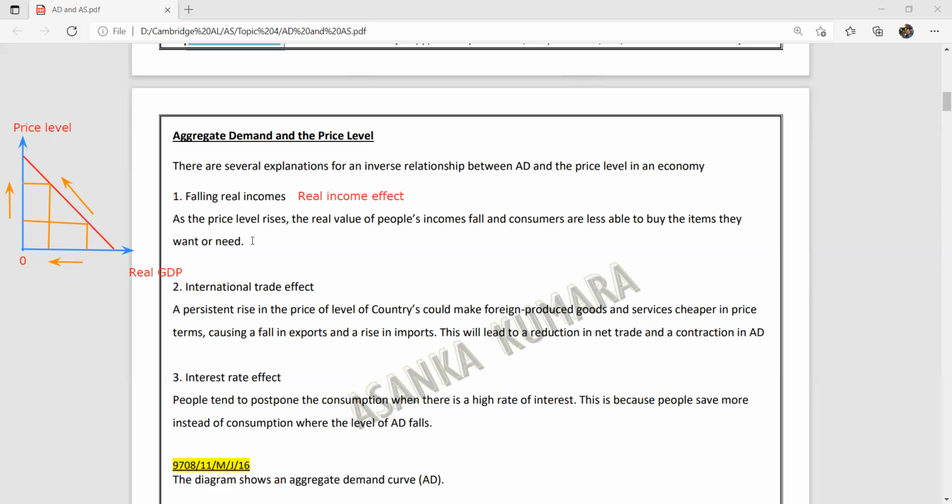As well, when the price level decreases, people will have a higher real income, and therefore people tend to buy many goods.